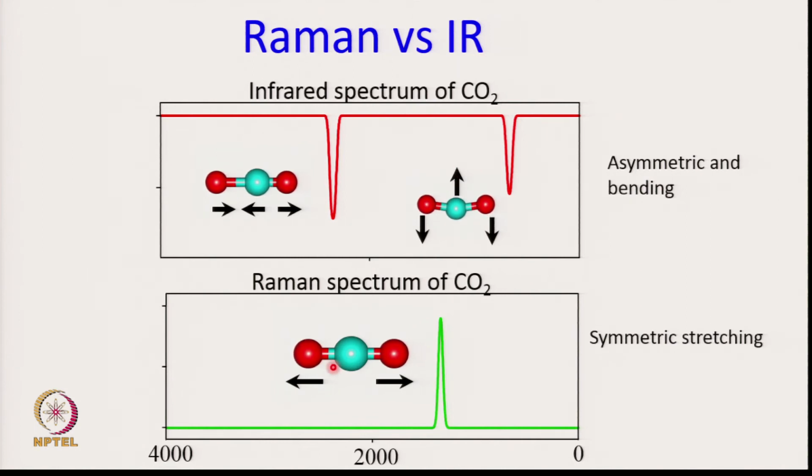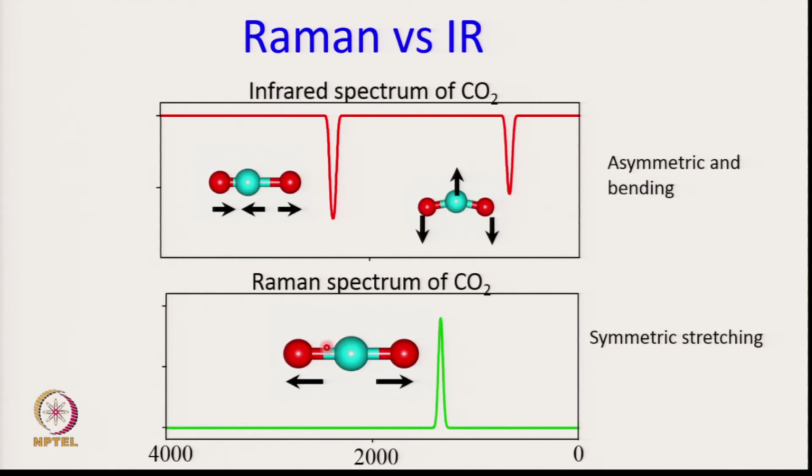However, in Raman this is symmetric stretching. So, you have carbon and two oxygen, both are stretching at the same time, contracting at the same time. So, if you look at the dipole, it is not changing because it is stable, it is not oscillating, right. Here it is oscillating, here it is not oscillating. So, this is not IR active, but it is Raman active.